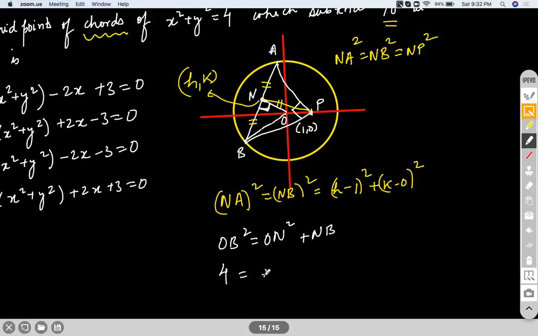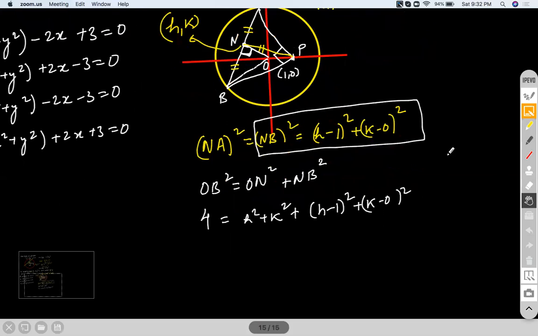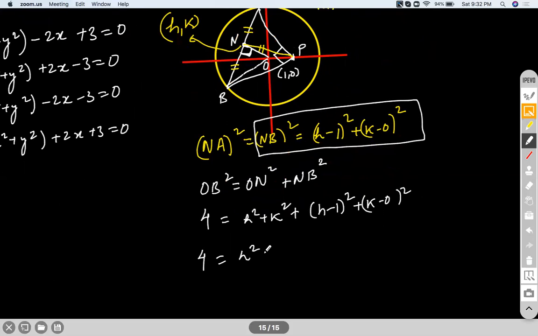What is ON square? ON square is H square plus K square. And what is NB square? NB square is H minus 1 the whole square, K minus 0 the whole square. If you expand this, you get 4 is H square plus K square plus H square minus 2H plus 1 plus K square.